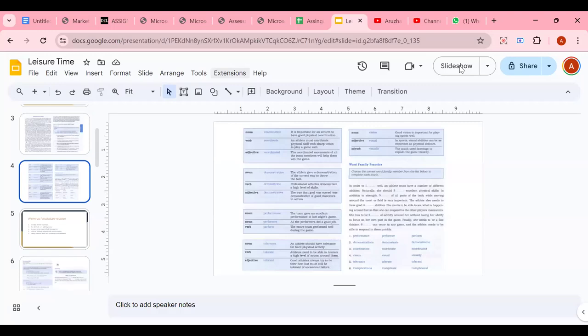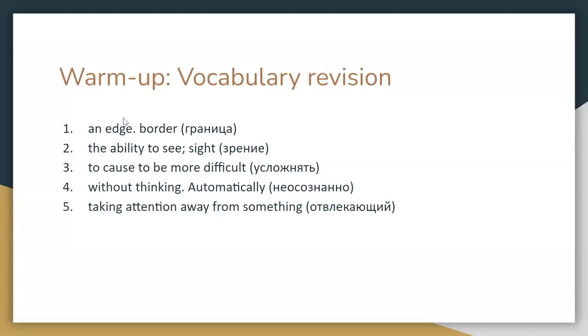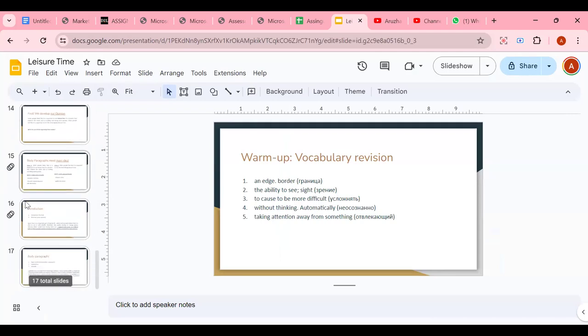Okay, so this is a word formation, word families, where we have one root. So it's, for example, to coordinate, and it has different forms. Noun, coordination; adjective, coordinated. The same here, demonstration. To demonstrate, demonstrative. Performance, performer, to perform. So that's our word formation, which you can also use during writing.